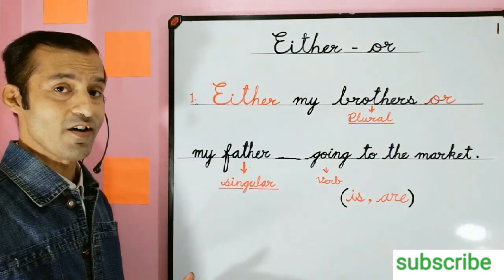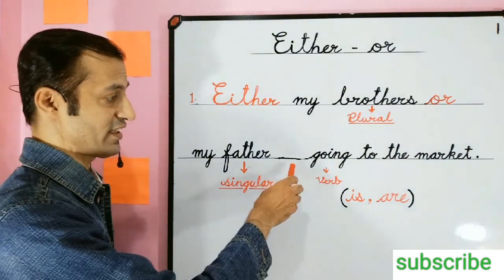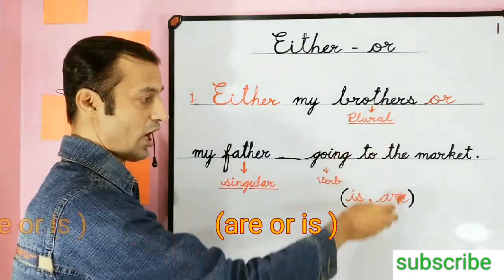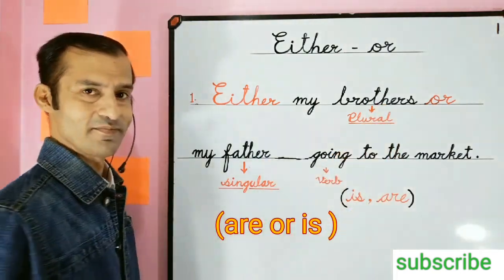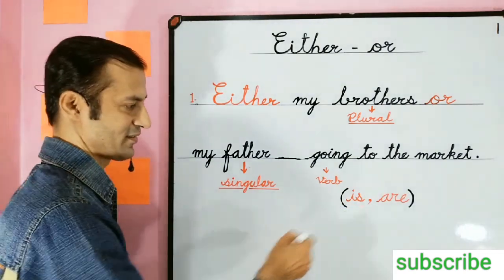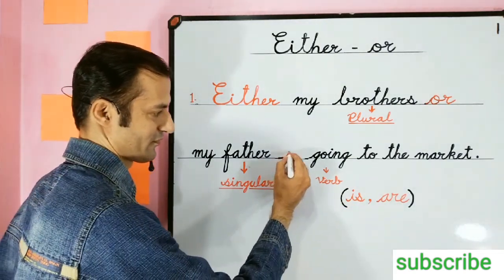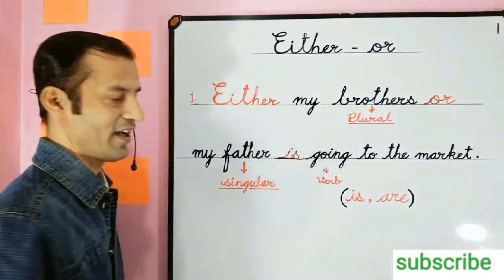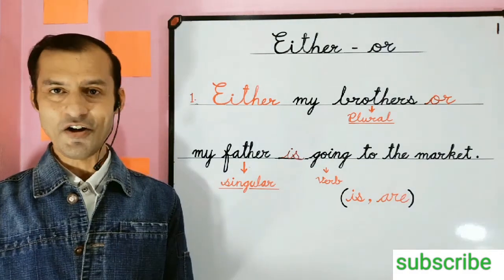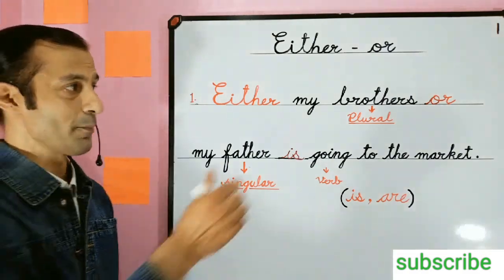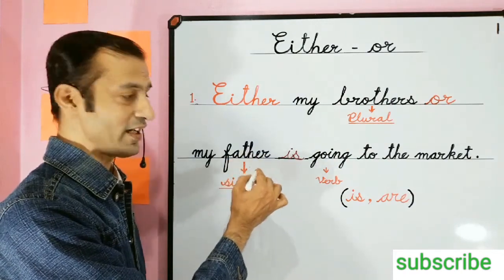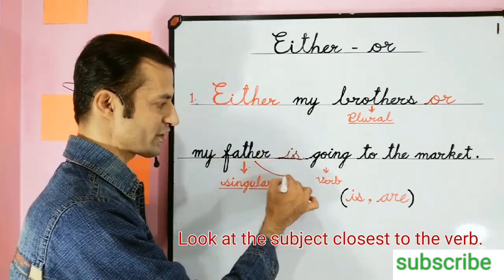And what type of verb should be used in this sentence according to the subject? Are or is? It must be is. Why? Remember, when we use either or with a plural and a singular noun or pronoun, look at the subject closest to the verb.